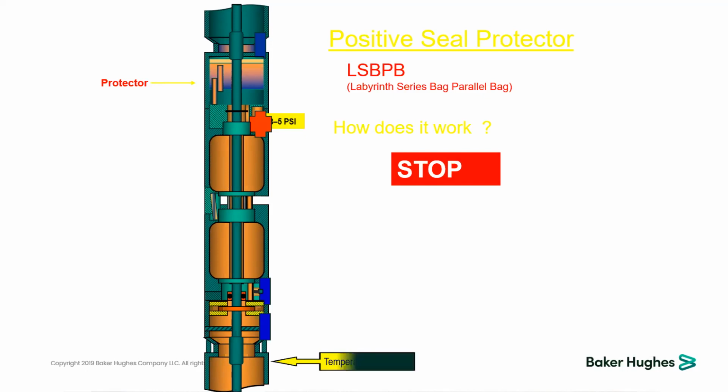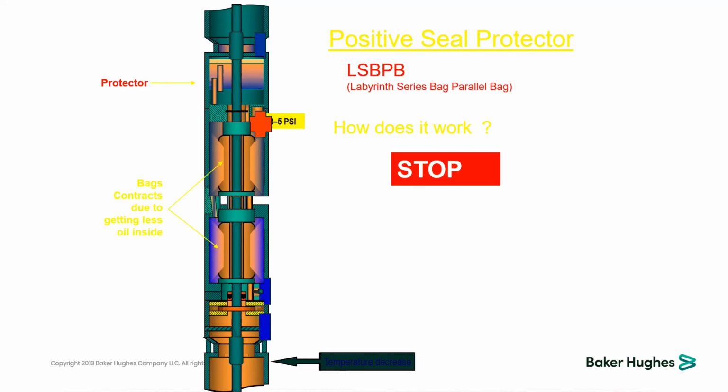Once you have the stop, another amount of well fluid will go inside the labyrinth section until that labyrinth section is fully completed with the well fluid, and those bags will contract and get smaller and smaller because of a lot of starts and stops, and then we will have a failure of the seal section.